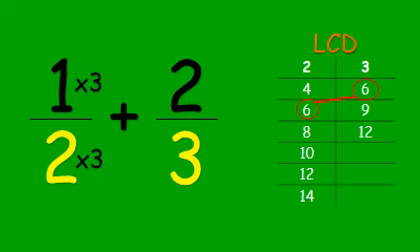So we are going to multiply the denominator by 2. Remember, whatever you do at the bottom of the fraction, you must do to the top of the fraction. So we are also going to multiply the numerator by 2.